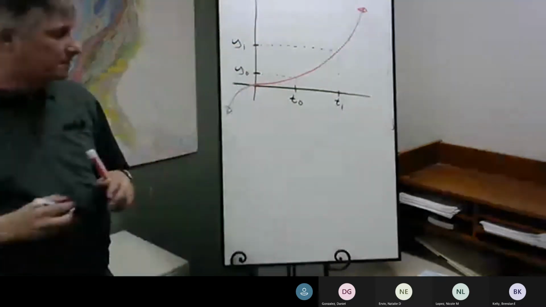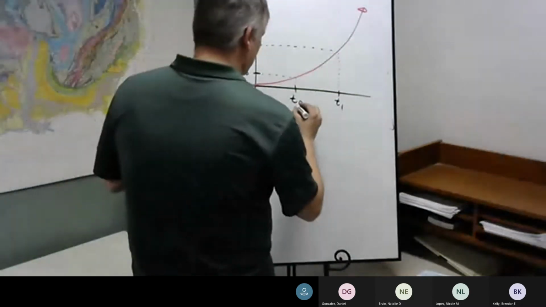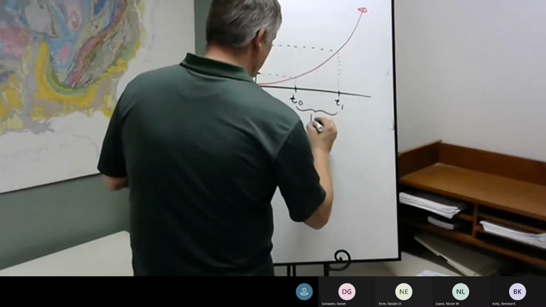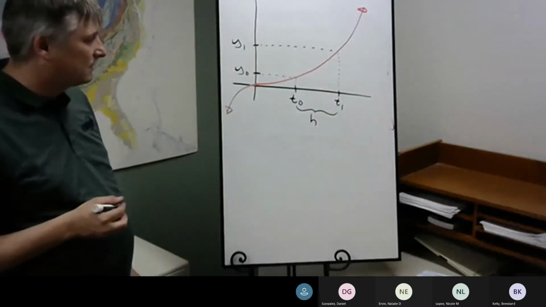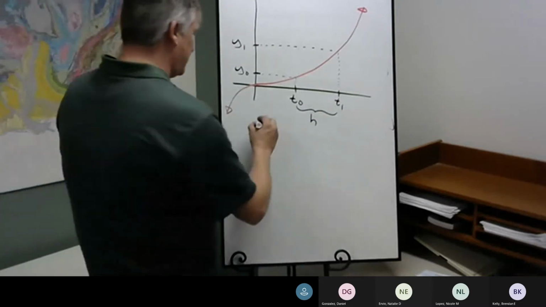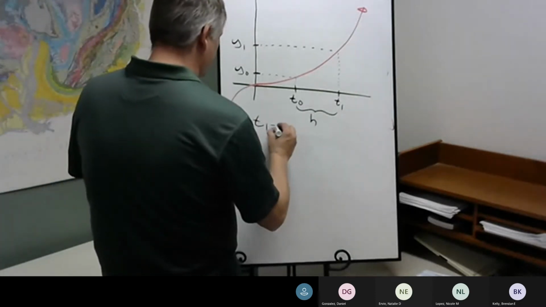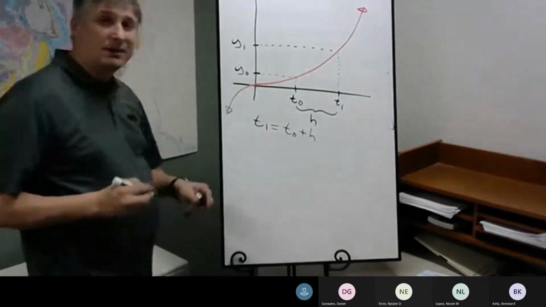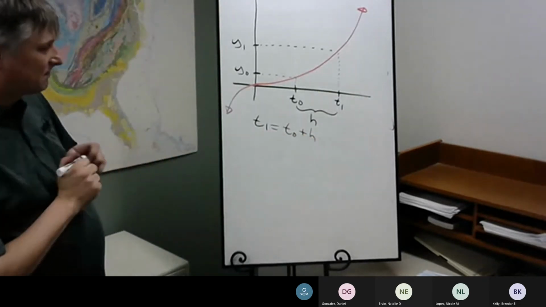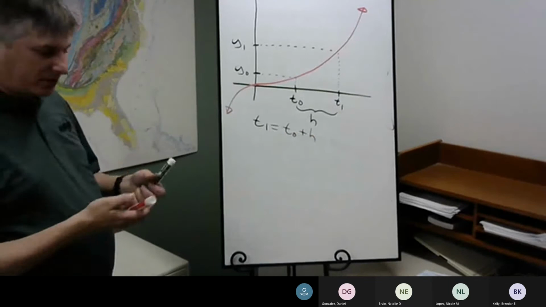So we've got our points again. Let's say the distance between t0 and t1 is a distance of h. So this means t1 is equal to t0 plus h. So this is what we're going to do.